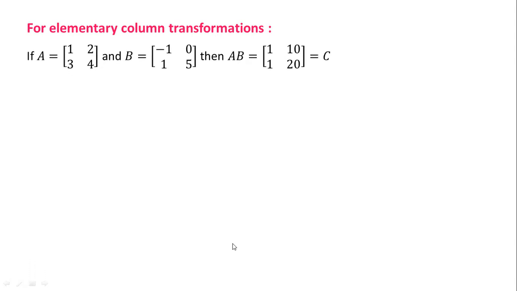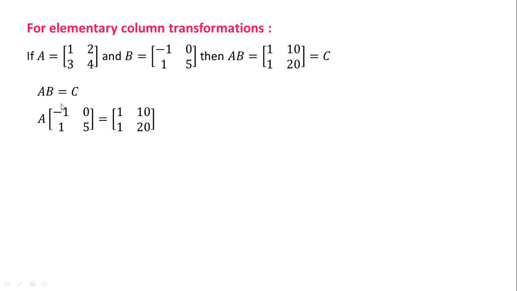Now what happens for column transformation? I will take the same example. Matrix A is given, B is given, and A into B is this, which is equal to C. And suppose the matrix equation is given, that is A into B is equal to C. And if you want to apply any column transformation, first of all, that equation is given in matrix form like this.